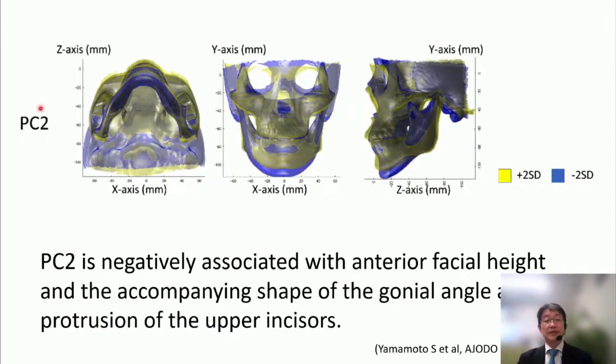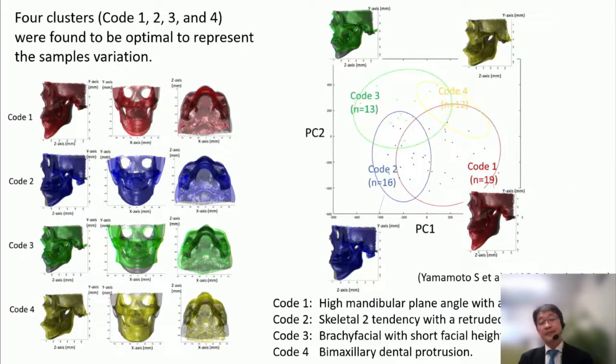For PC2, the difference is evident here. So PC2 is negatively associated with the anterior facial height, accompanying the shape of the gonial angle and the protrusion of the upper incisors. And from these principal components, we found 4 clusters to be optimal to represent the sample variation.